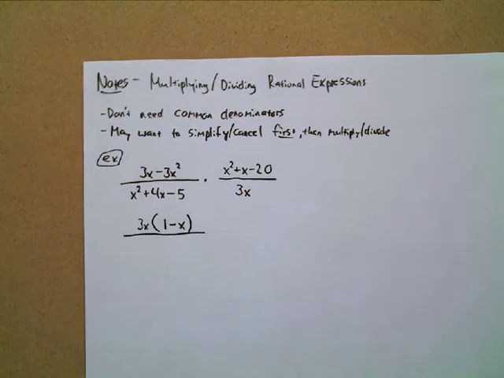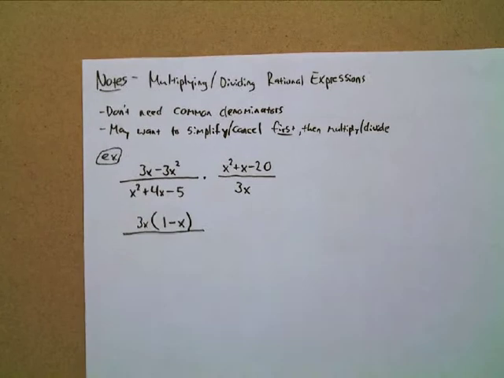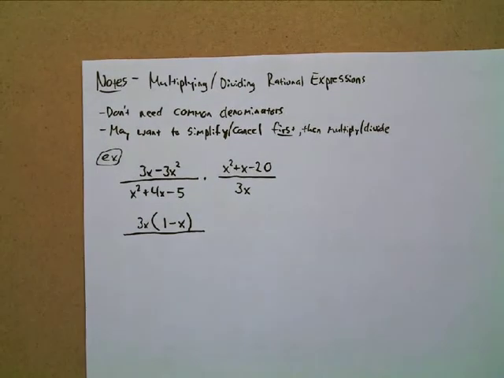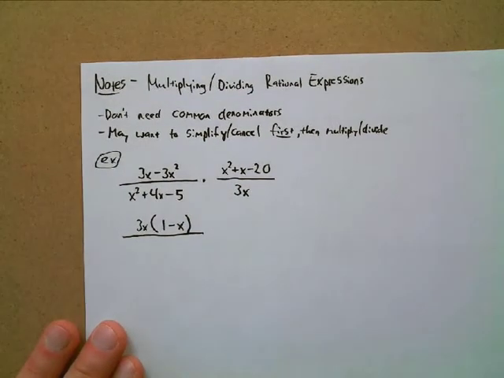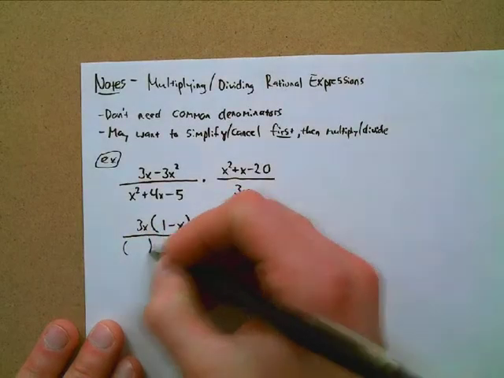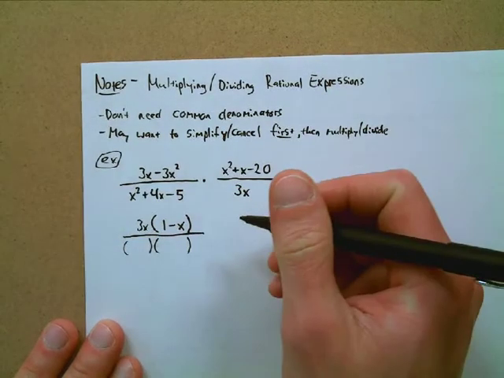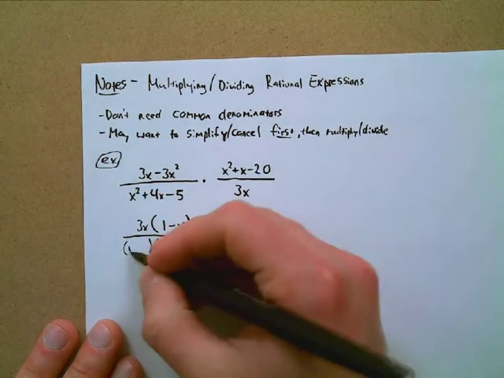How about this quadratic? Does it factor? We're looking for two numbers that multiply to make negative 5 and add to make positive 4. Yeah, x plus 5, x minus 1.